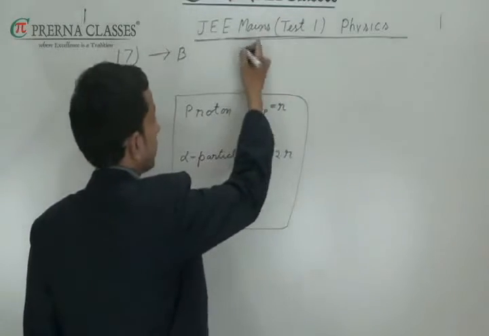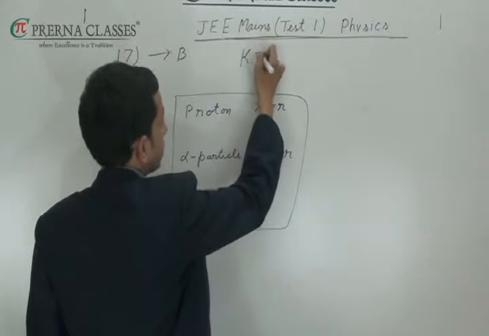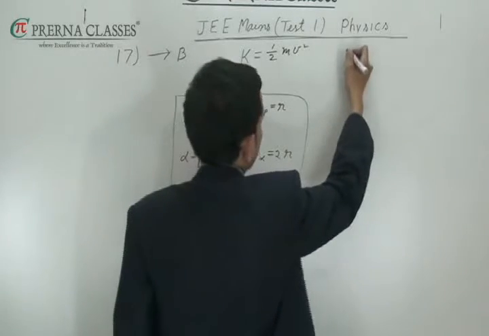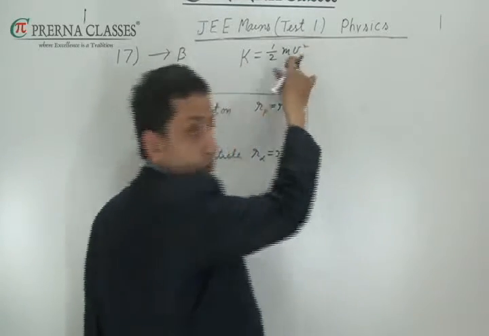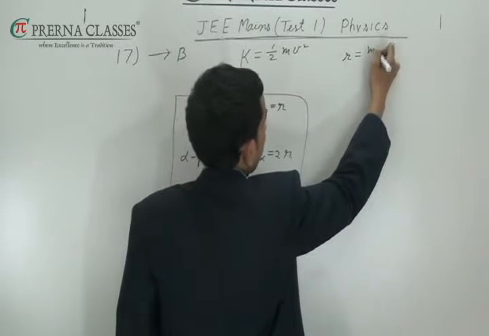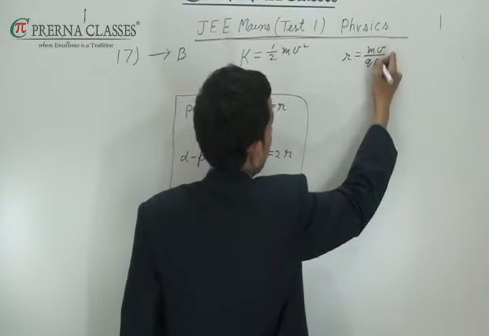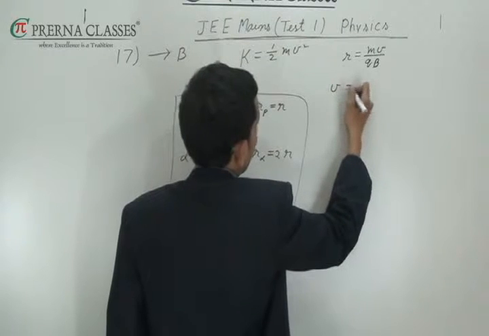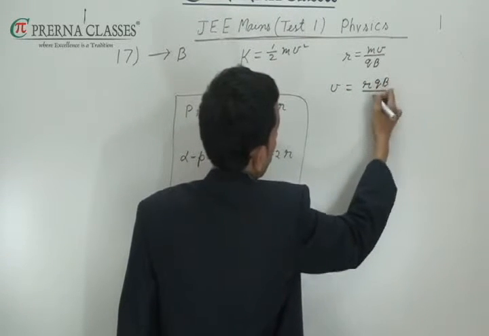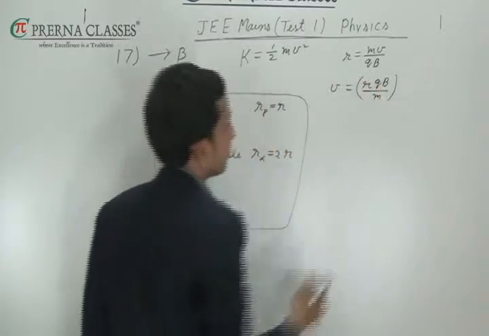So for that we will write the kinetic energy is half m v square, and we will write the value of v in terms of radius. So r is mv by qb, hence we can write v equal to rqb by m.